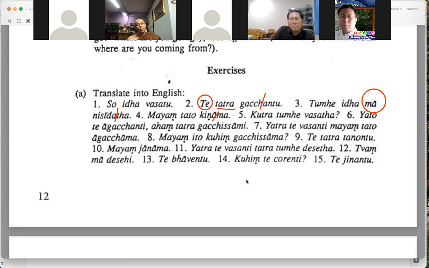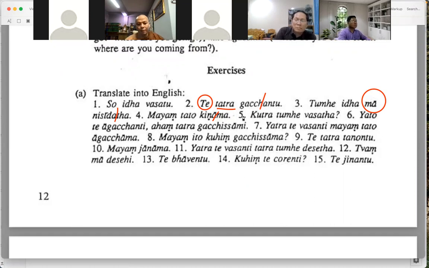Kina, the root, means to buy. So kinama: we buy as present tense, or as imperative, may we buy, we may buy, or let us buy. The subject is "we." Tato means from there. So may we buy from there, or we may buy from there, or let us buy from there.